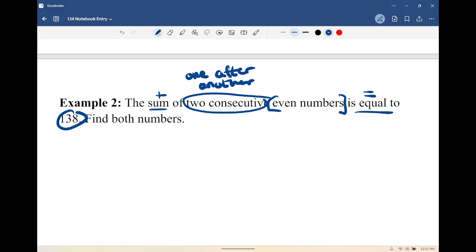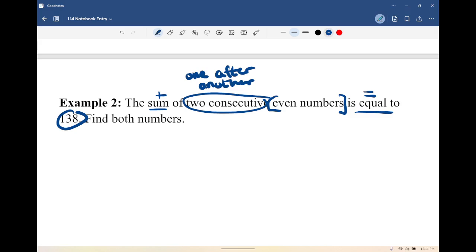So 2 and 4 is there to really focus on the difference between those two. And so every time I go to a consecutive even number, I add 2 to whatever one I was last on. 2 plus 2, 4 plus 2, 6 plus 2, 8 plus 2, 10, and so on.